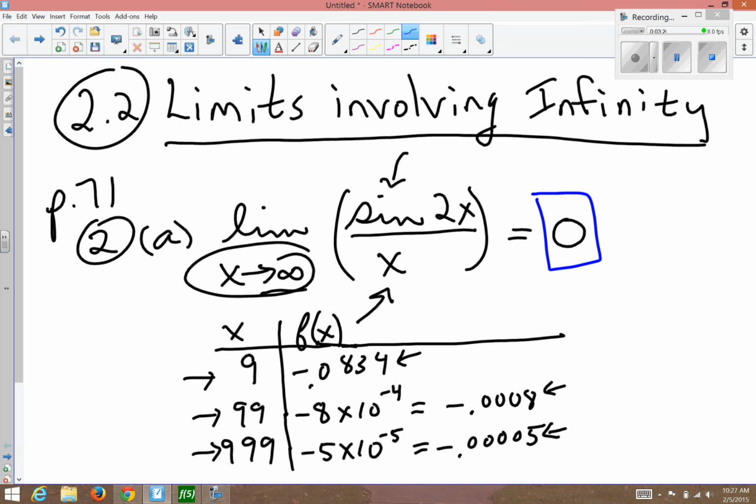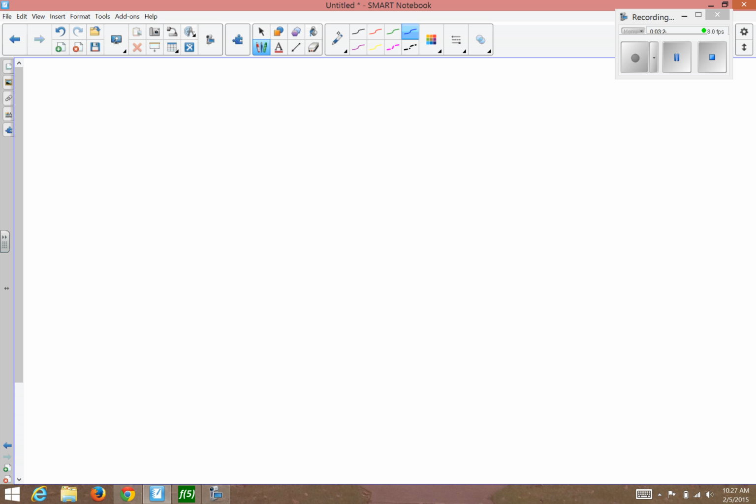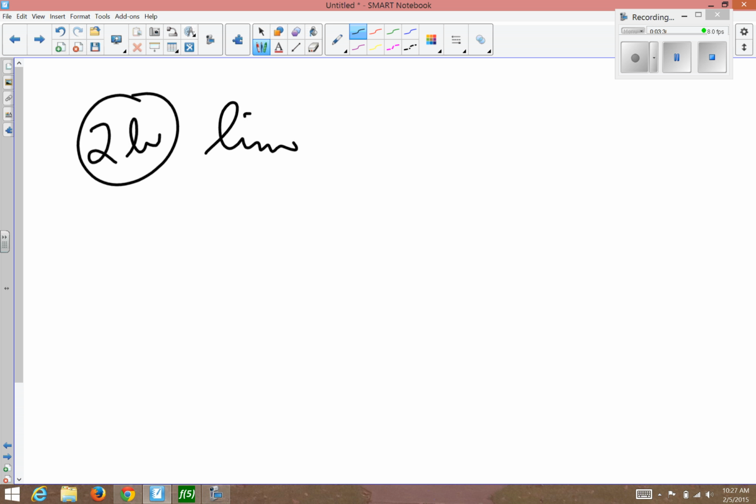Blue box around the answer. Part B says in the directions, find the limit of f of x, that's the sine of 2x divided by x, as x approaches negative infinity.